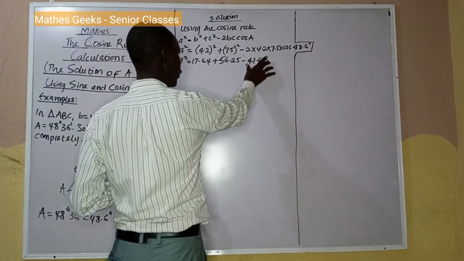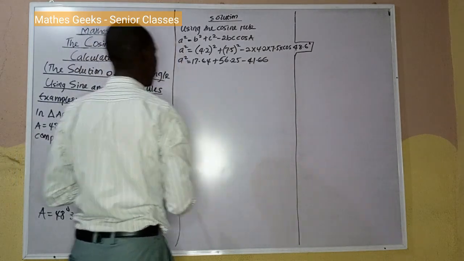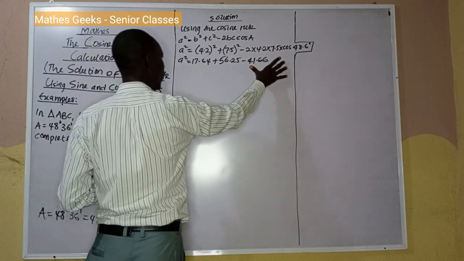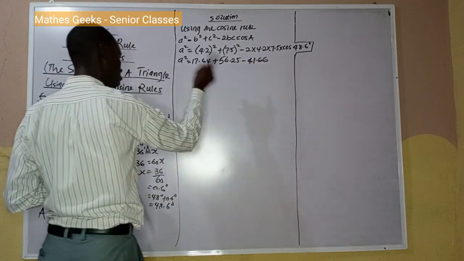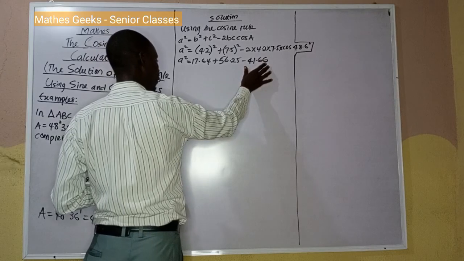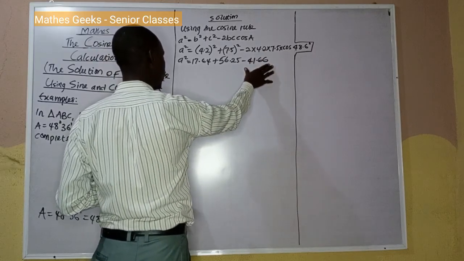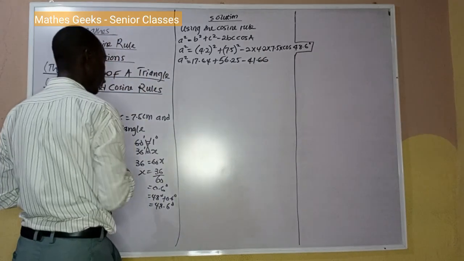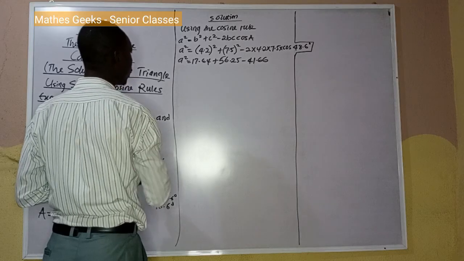I'm approximating this value to the nearest two decimal places. You could also approximate to the nearest whole number, but whatever number of decimal places you approximate to, remember that's going to affect the final result one way or the other, so be careful about that.